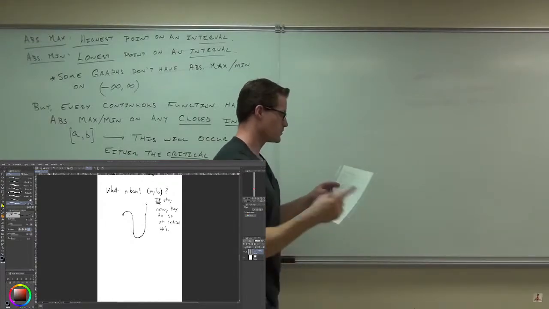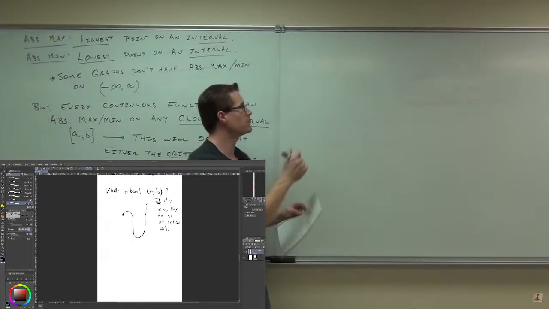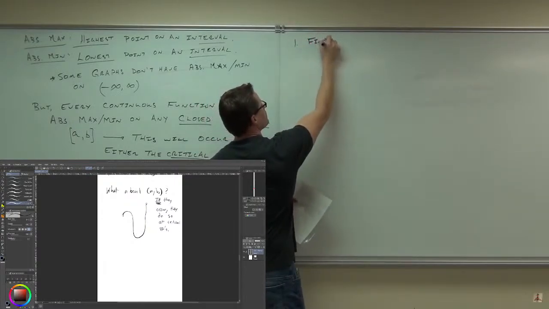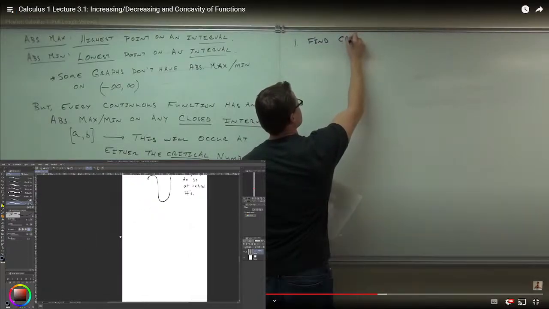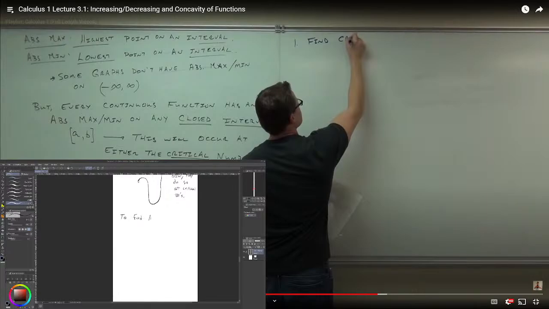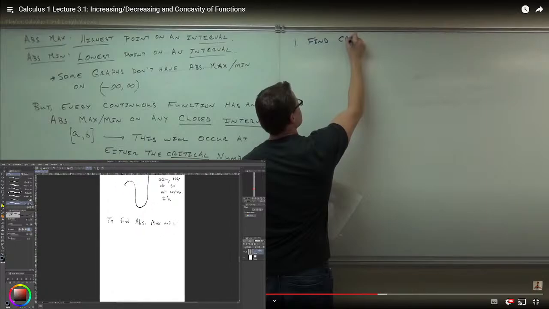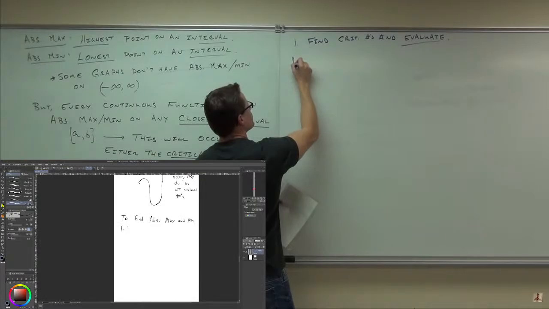So to find your absolute max and min, you find your critical points and you evaluate them. Critical numbers. And you evaluate your endpoints.